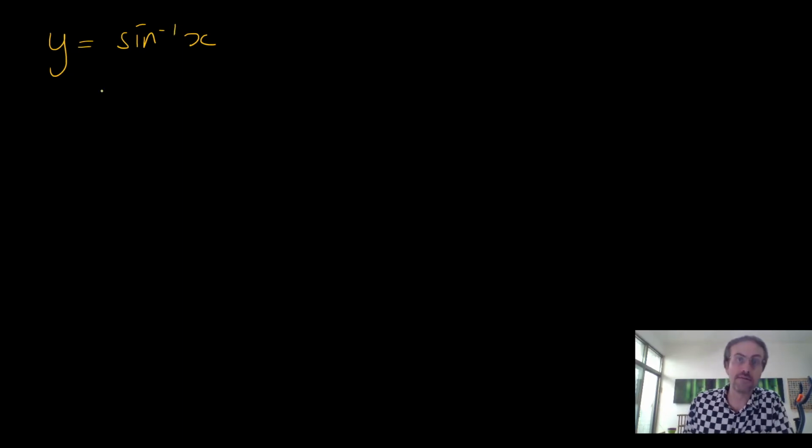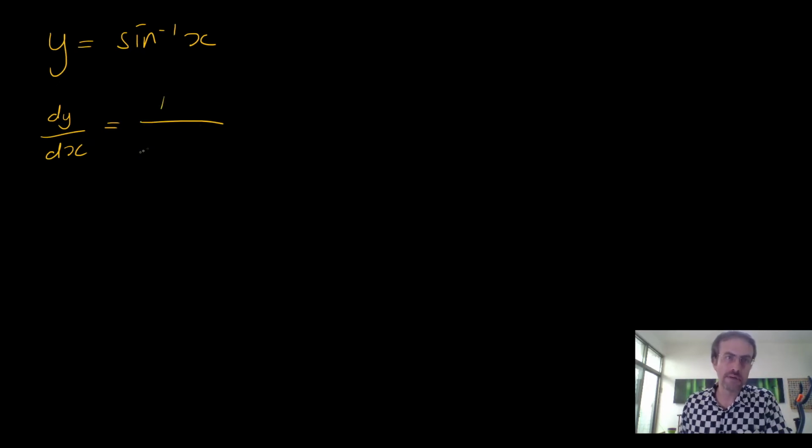But the first thing to note is we need to understand a general statement about how derivatives of functions relate to their inverse functions. So dy by dx, the derivative of y with respect to x, equals, and this is the statement we must know, the first piece of the puzzle, 1 over the derivative of the inverse function, so that'll be dx by dy.